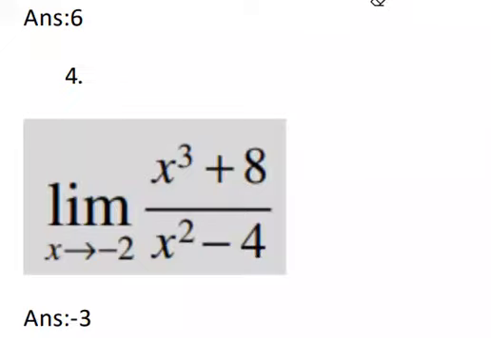Let's try to simplify. We can factor out this term and this term.